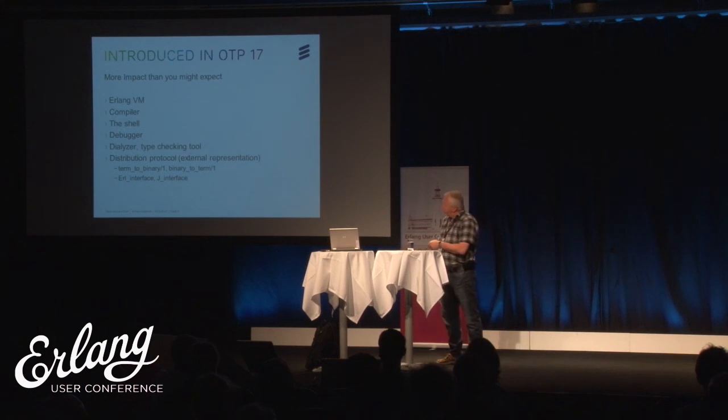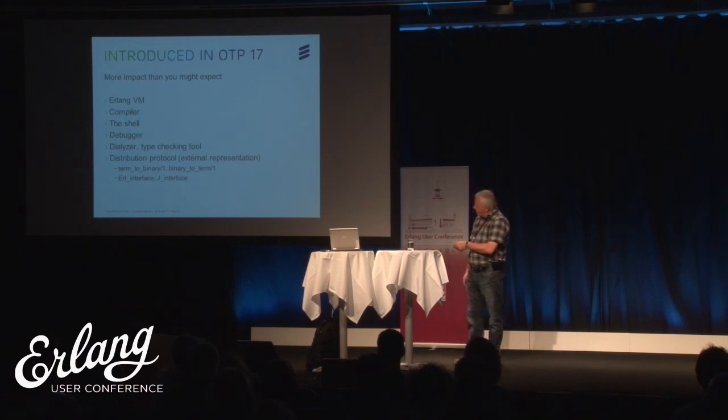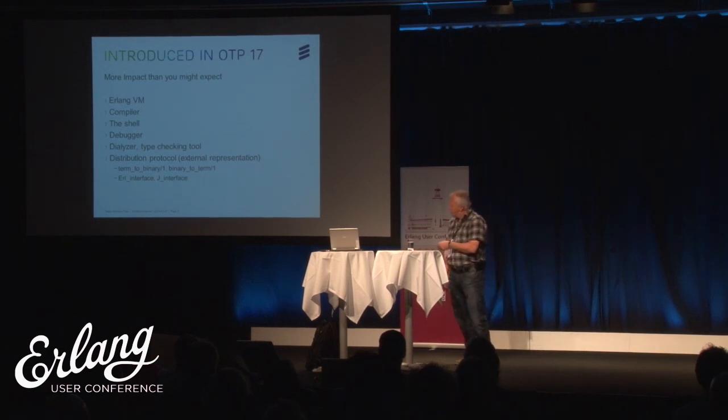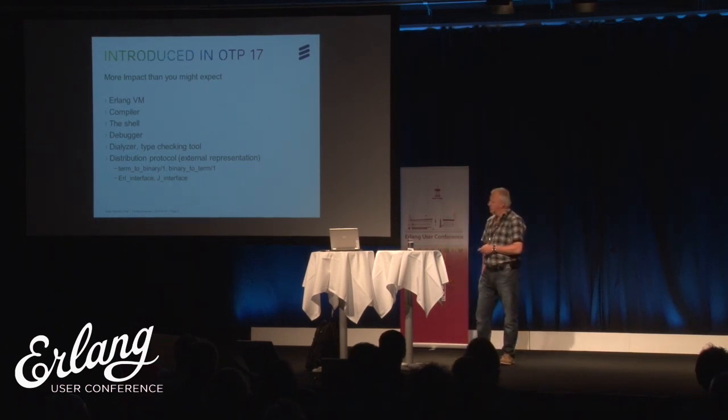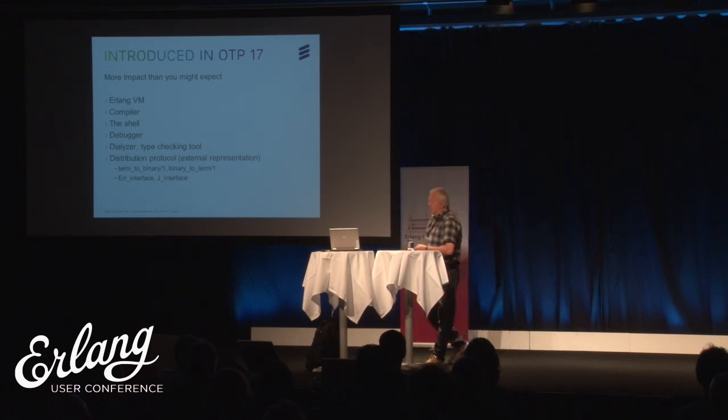Then we have the distribution protocol. And we have the BIFs converting to and from the external representation. And we have the C library for acting in the distribution protocol, the Java library for the same. They must know about maps.